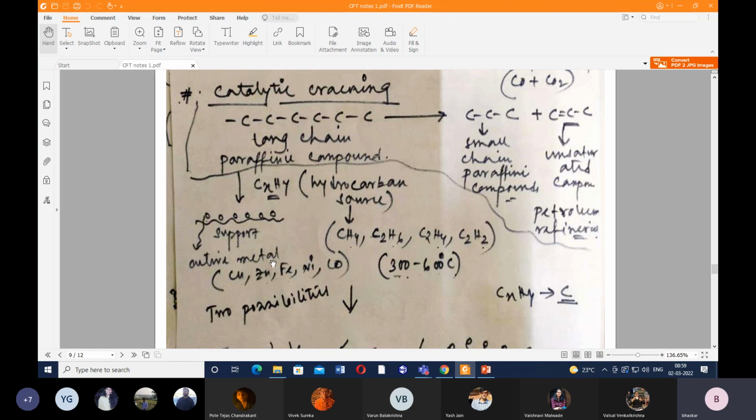Following the calcination operation, nickel nitrate will get converted into nickel oxide. The next step is the reduction step, where the nickel oxide produced during the calcination step will be reduced to elemental nickel.